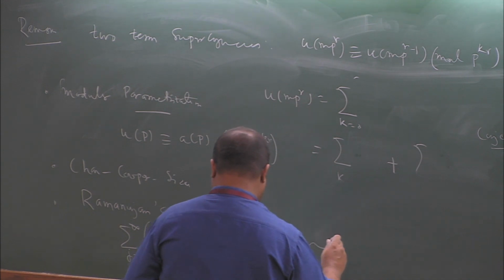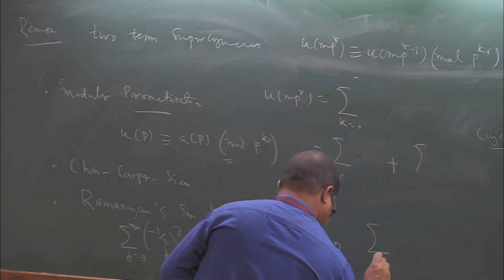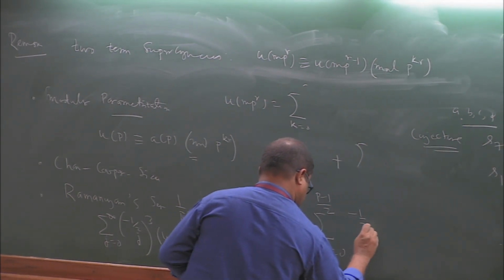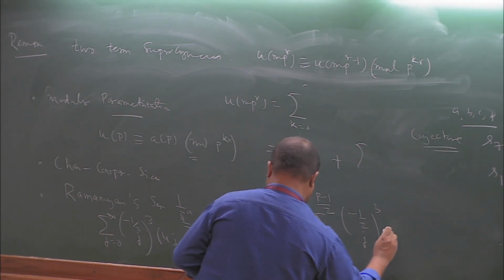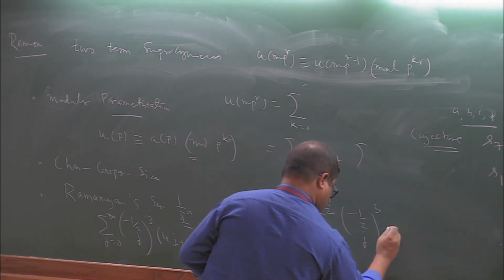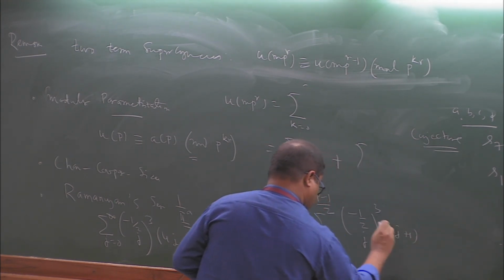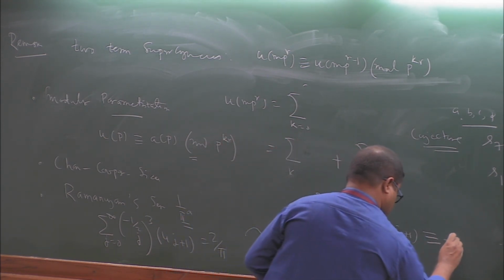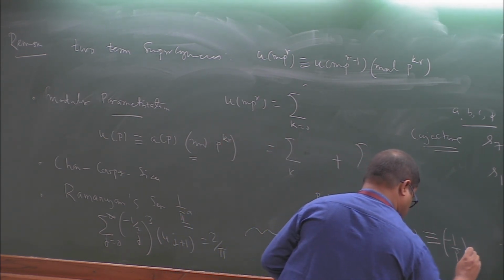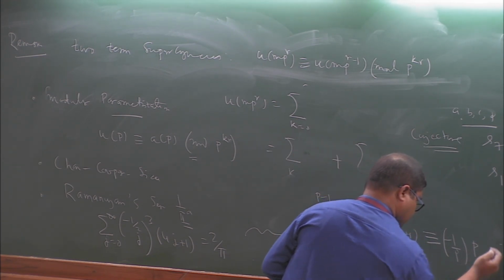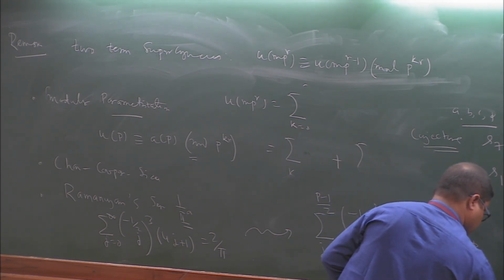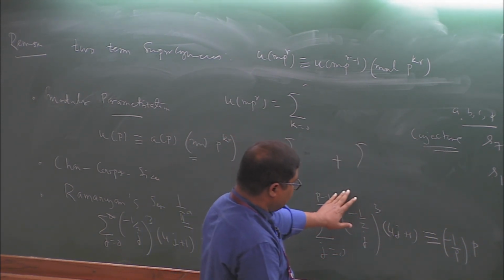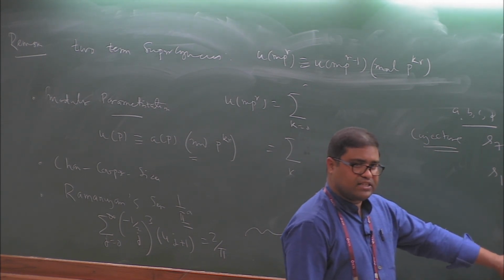Namely, if you take the sum over j from 0 to (p minus 1) by 2 of (-1/2)_j cubed over j factorial cubed times (4j plus 1), stopping at (p minus 1) by 2, that is congruent to the Legendre symbol of (-1 by p) times p, modulo p cubed. So we are stopping somewhere at the finite field level, and asking the question, what is the highest power of p?